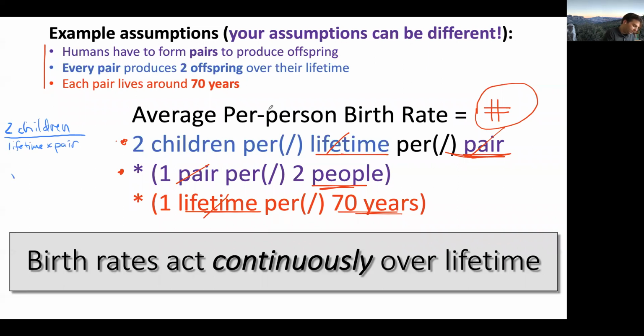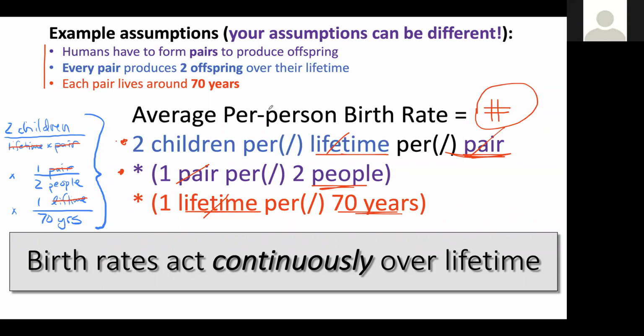And then that whole thing gets multiplied by 1 pair per 2 people. And then that whole thing gets multiplied by 1 lifetime per 70 years. If you combine all of that, you can cancel out this pair and this lifetime with this pair and this lifetime. And then you get the desired units, which are children per person per year. Okay, awesome. Thank you so much.